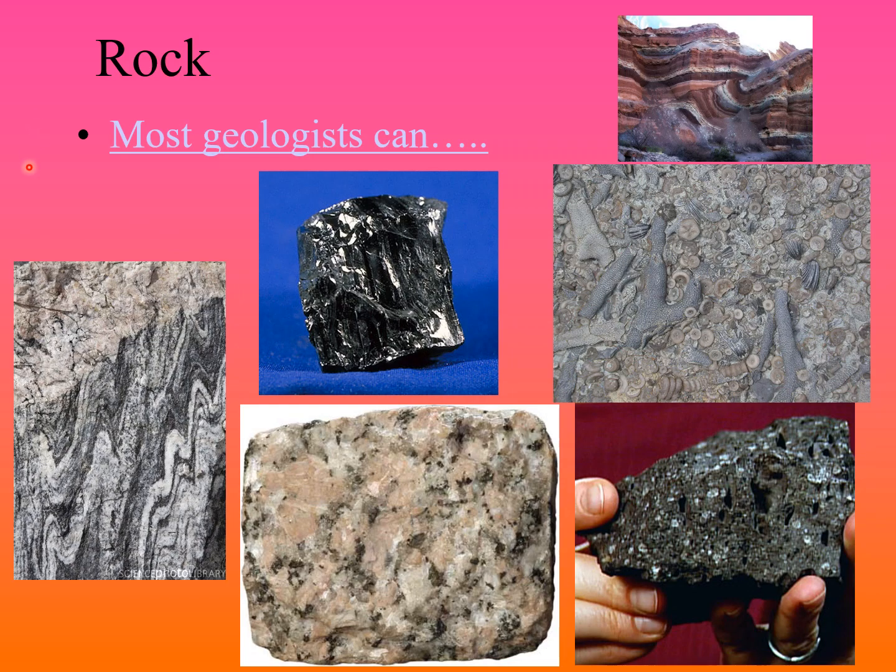I encourage you to click on this link here and explore some of the different rock types. On this slide, you see an example of each of the different rock types. We've got sedimentary rocks here and up here. Here's a metamorphic rock. You can tell by these beautiful folds. Then you have a basaltic rock here, which is an igneous rock.